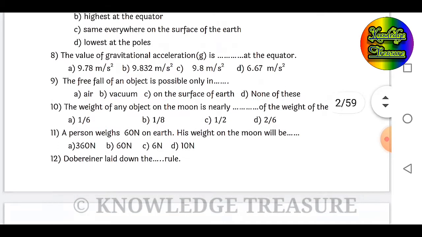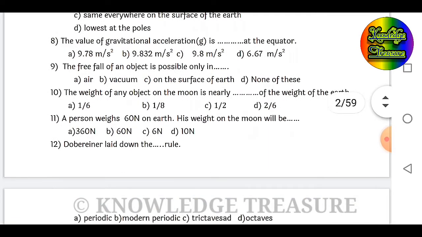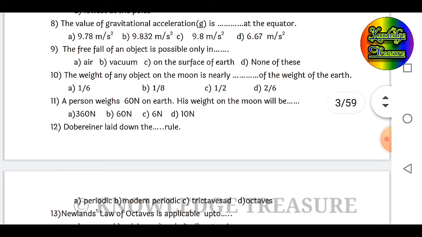The weight of any object on the moon is nearly dash of the weight on the earth. A. 1 upon 6. B. 1 upon 8. C. 1 upon 2. D. 2 upon 6. The correct answer is 1 upon 6.